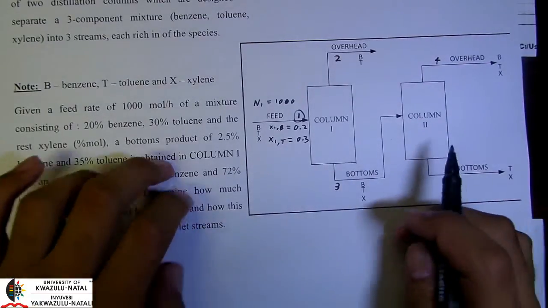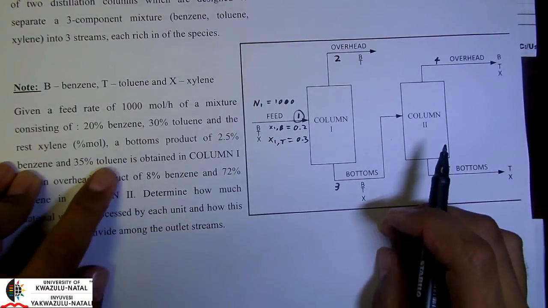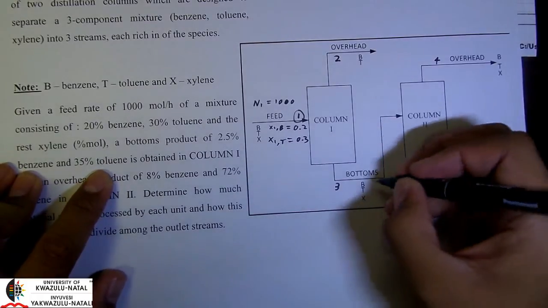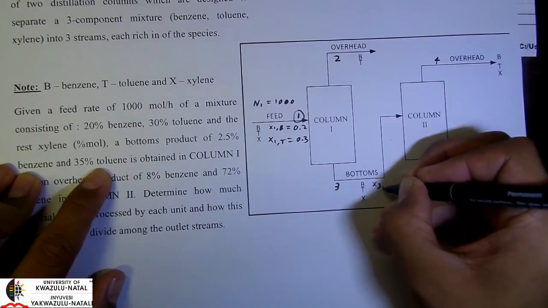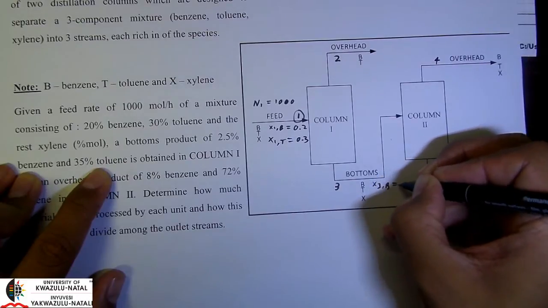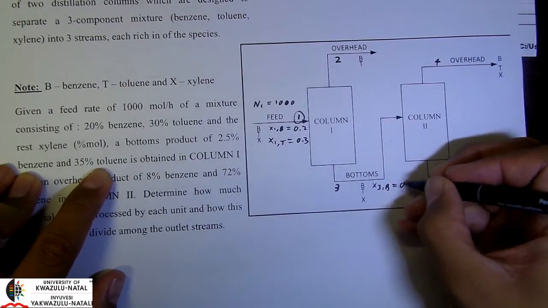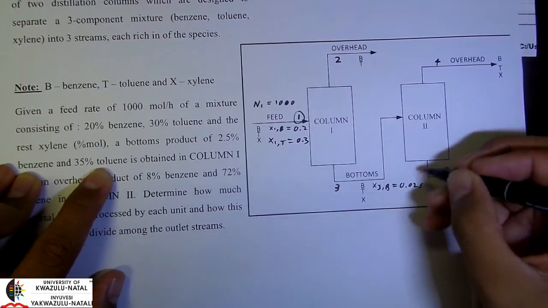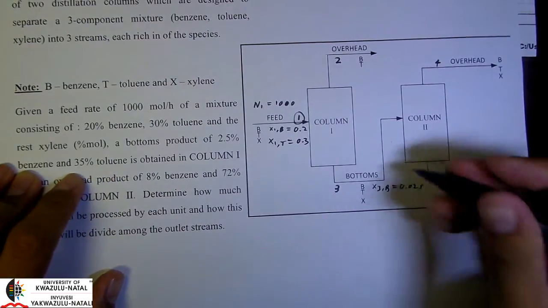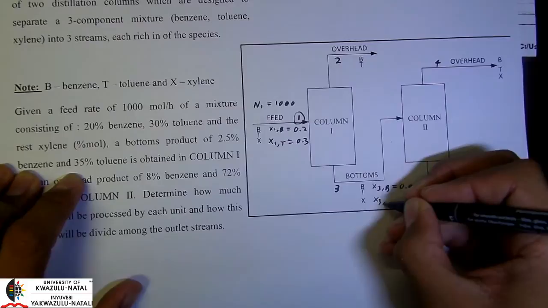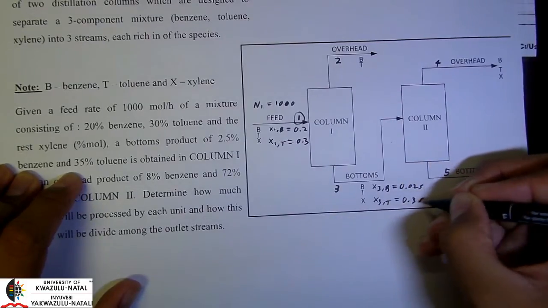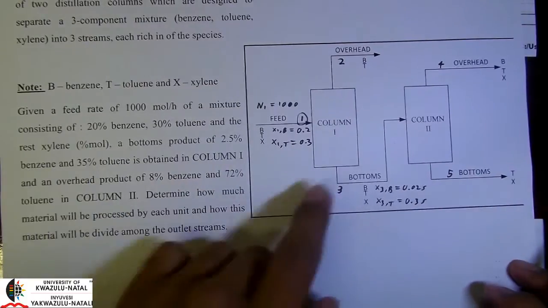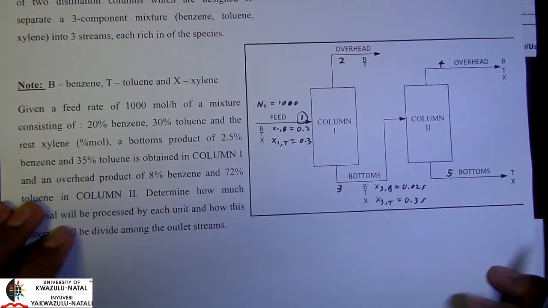However, we are told the bottoms composition: X3B would be 0.025, or 2.5%, and X3T for toluene is 0.35, and that's out of column 1.